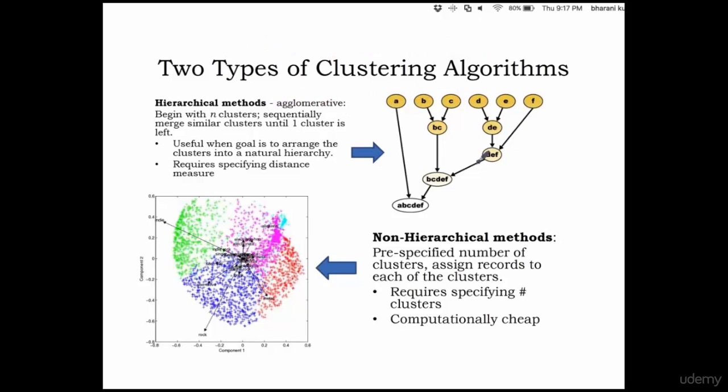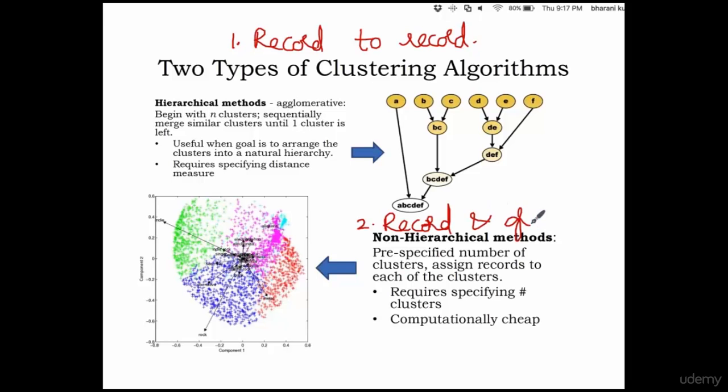All right. So here, when it comes to hierarchical clustering, you need to find out the distance between one record to another record. That's the first thing, because each record is a cluster. Second, you need to find out the distance between each record and group. For example, you need to find out the distance between DE, which is a group, and F, which is a record.